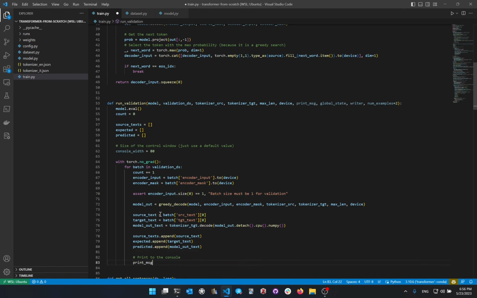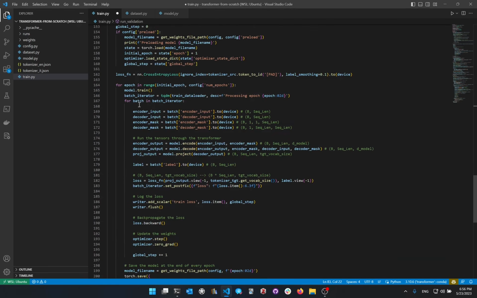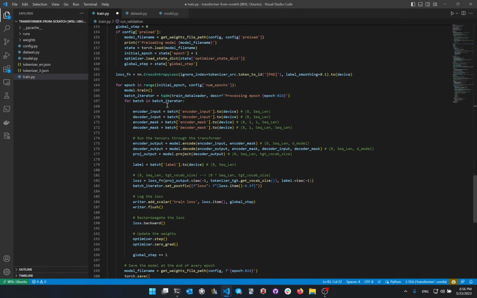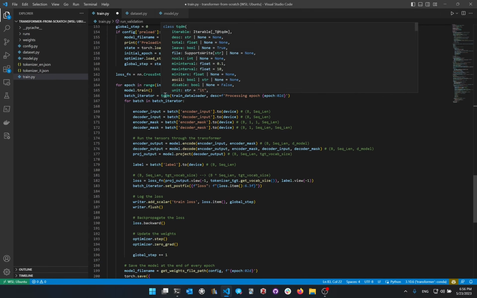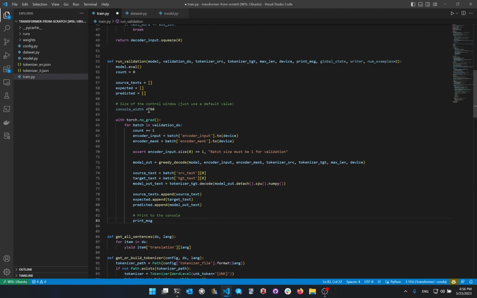Why are we using this function called print message, and why not just use the print of Python? Because in the training loop we are using TQDM, which is our really nice looking progress bar, but it is not suggested to print directly on the console when this progress bar is running. So to print on the console, there is one method called print, provided by TQDM, and we will give this method to this function so that the output does not interfere with the progress bar printing.